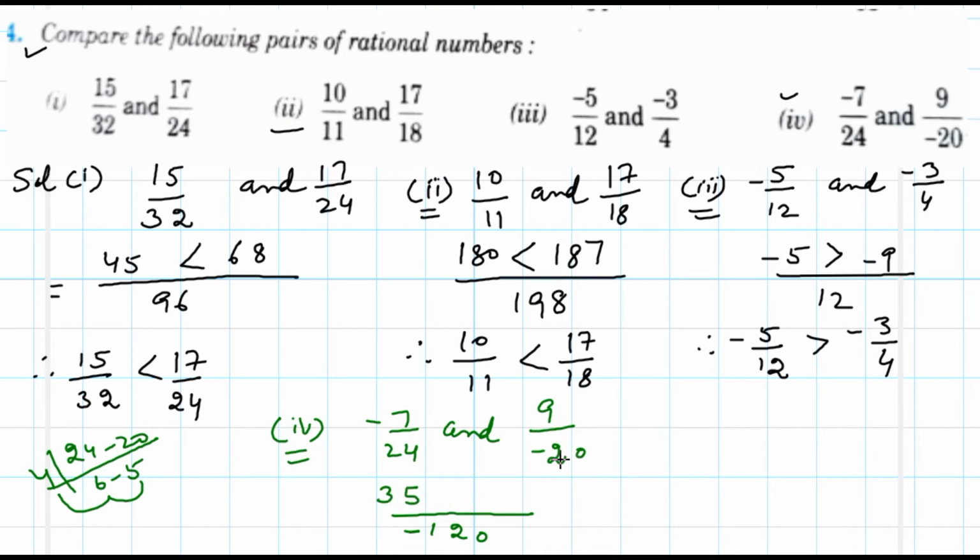And here this is 6 times 20, 120, 9 times 6 is 54, this would carry minus.